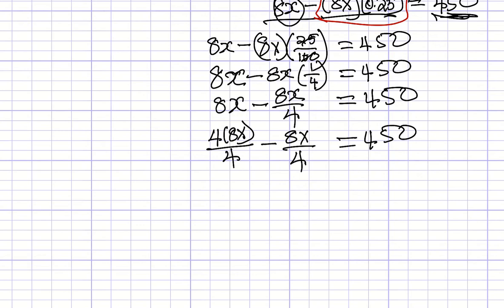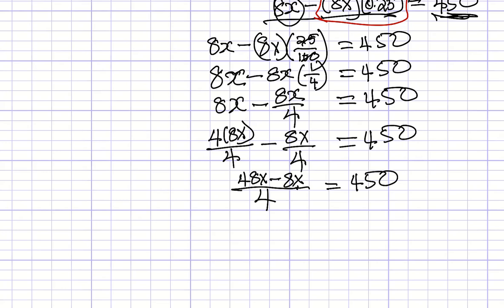Did you get that? So when we combine the left side, we'll get 4 times 8x minus 8x equals 450. See that?